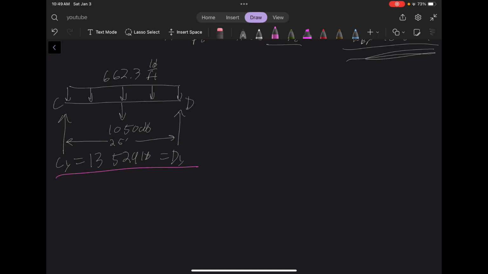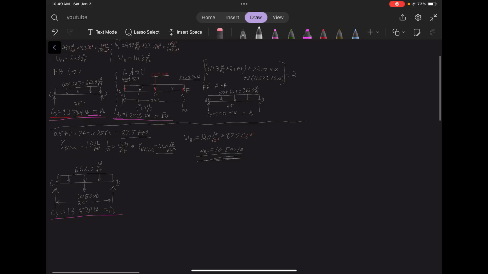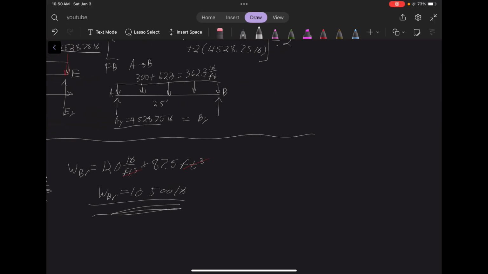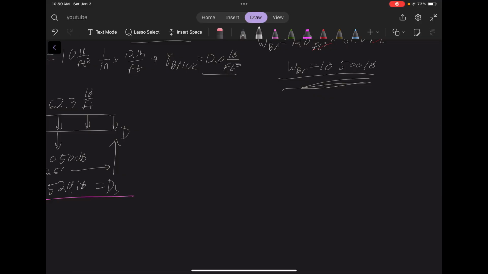So that's your answer here. And I'm not going to do floor beam AB again because nothing changes. So we're going to stick with this answer and incorporate that into our girder for AE.